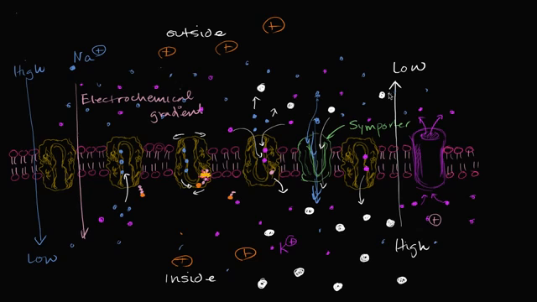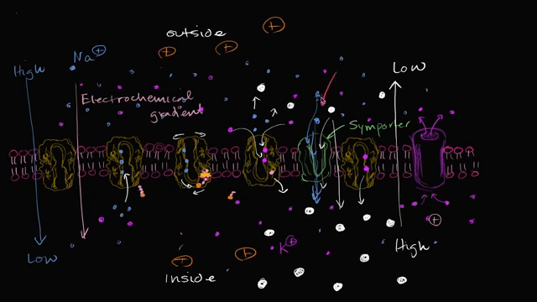And so it's going to have to do some active transport to go against its concentration gradient, to go in this direction. And over here, the source of energy to go against the concentration gradient is the stored potential energy from the electrochemical gradient of the sodium. And so this type of active transport, where you're using the energy that was stored up through another form of active transport, the sodium-potassium pump, we call this secondary active transport.